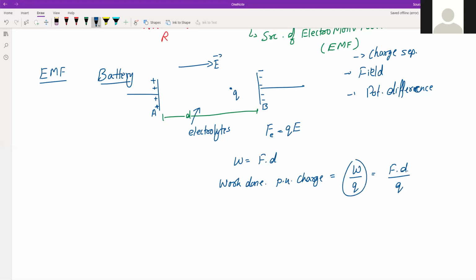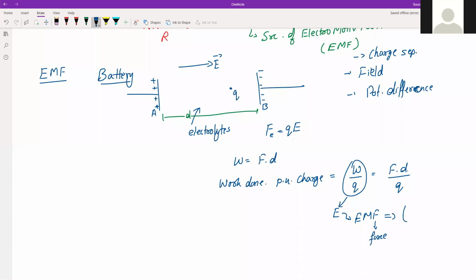Now this W by Q is represented as E, or EMF. Here F represents force, but EMF is actually what? Work done per unit charge.